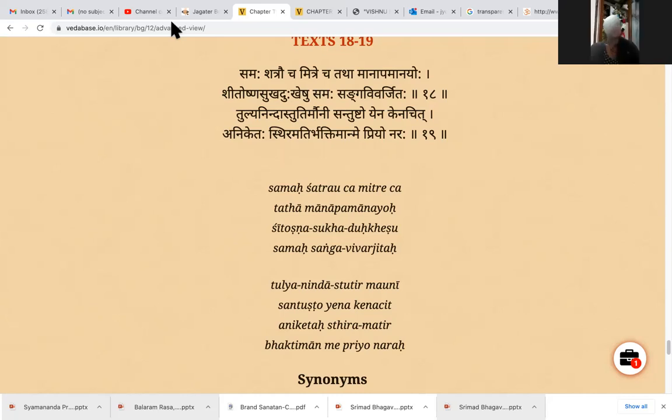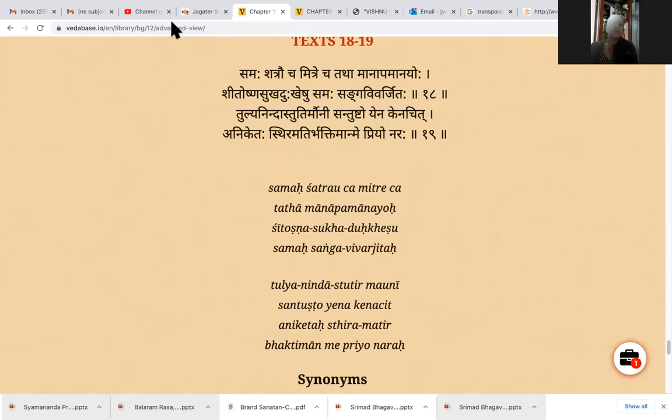Aniketa sthiramatir. Bhaktiman me priyo narah. Tulya ninda stutir mauni.